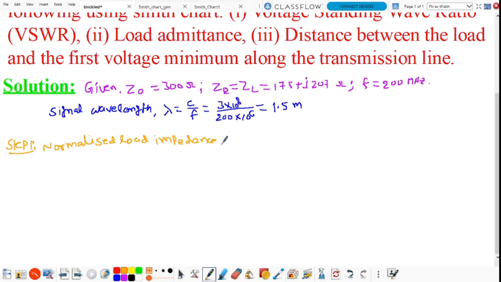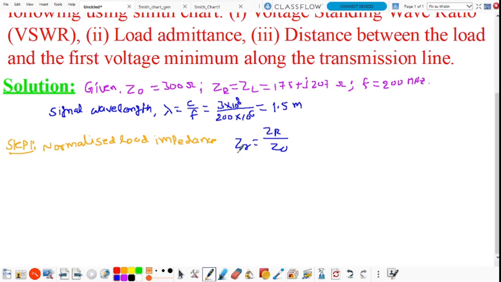We know that the normalized load impedance z suffix small r is equal to Z suffix capital R divided by Z0, where Z suffix capital R is the load impedance and z suffix small r is the normalized load impedance.